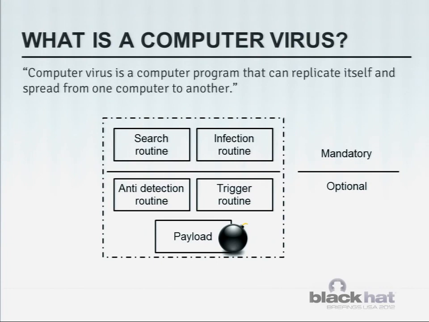A virus needs to find the target that it's going to infect, so it needs to search for it, and then it needs to infect it. In subsequent, more complex steps, it needs to be a little bit smart, apply some anti-detection tricks so as not to be detected, and be able to run its trigger routines now or sometimes in the future and deliver a payload.